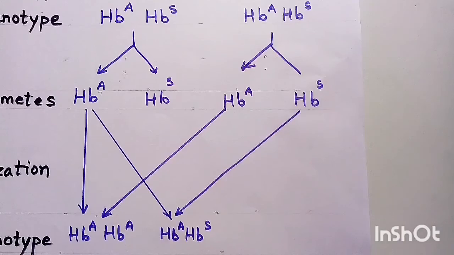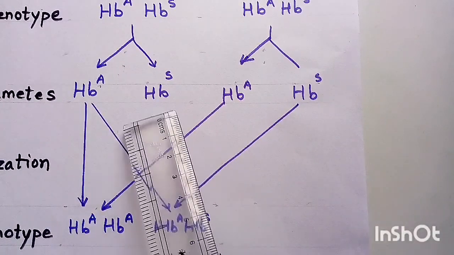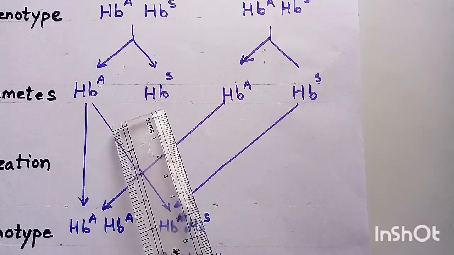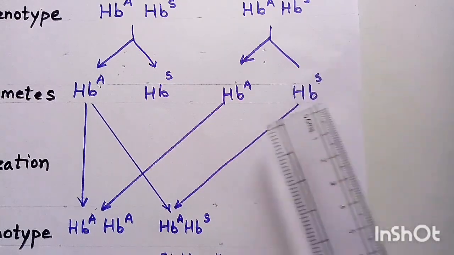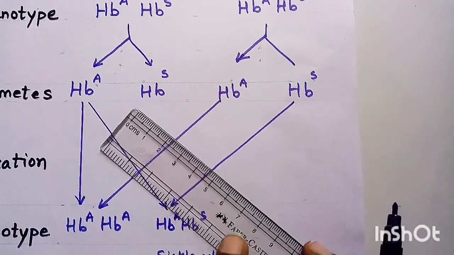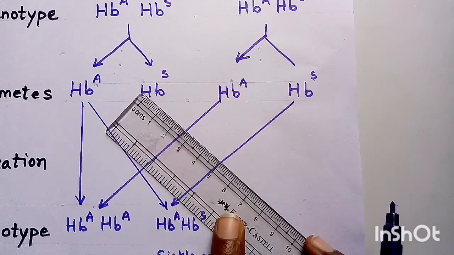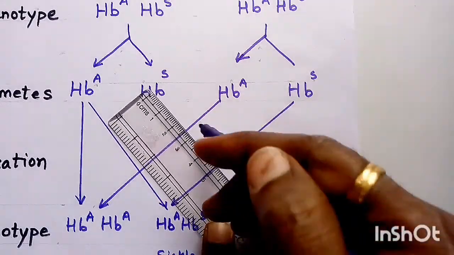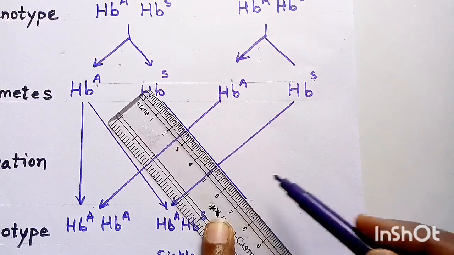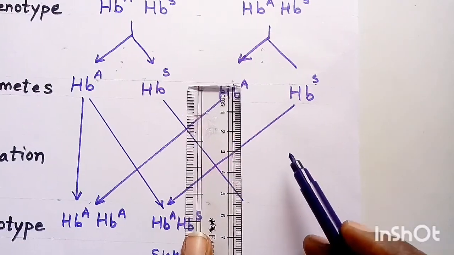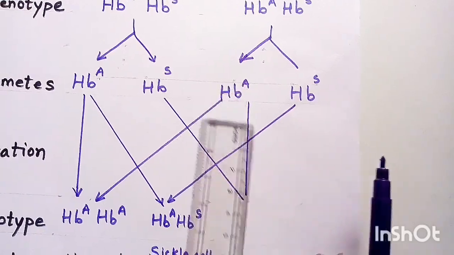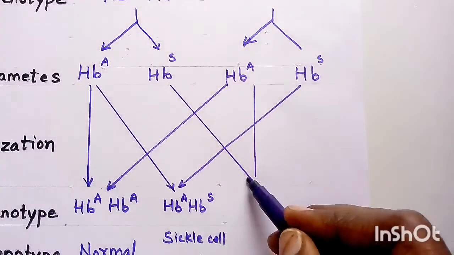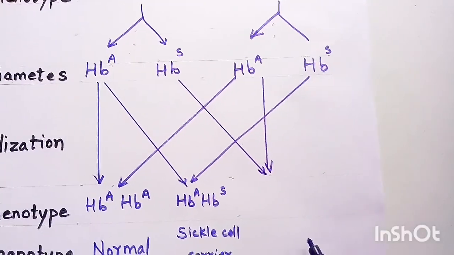Now coming to the next one. So now this gamete is remaining. This we have to cross once with this and next with this one. First we'll take this one, and now we have to cross it with this one. So it will be this gamete and this gamete.